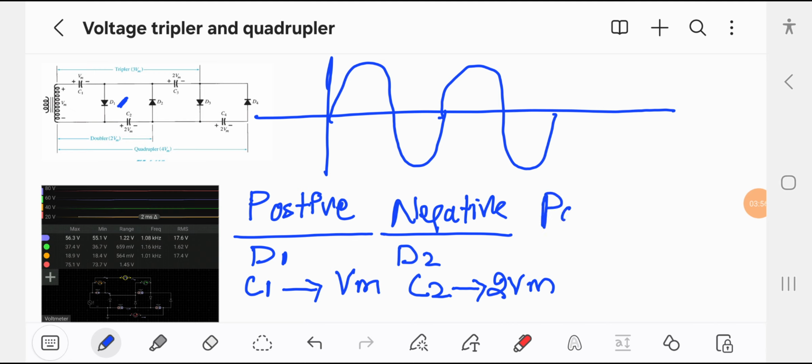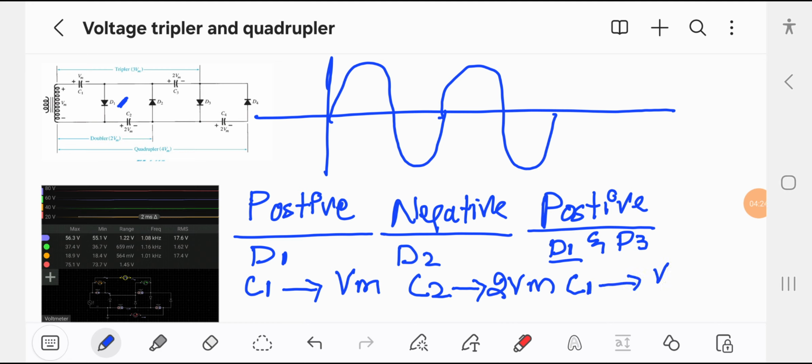So during the next positive pulse, what happened? During the next positive pulse, D1 and D3 will start conducting. So the input voltage will charge capacitor C1 up to the peak input voltage Vm and D3 will start conducting.